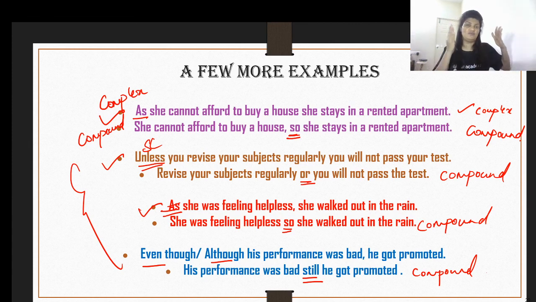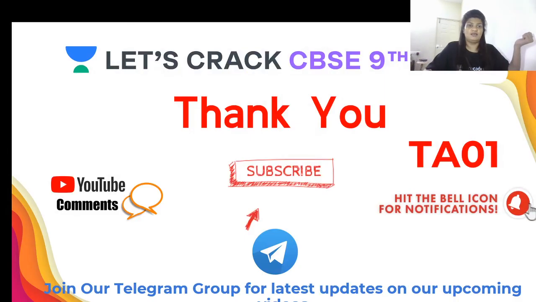So you bring in the right kind of conjunction in between and you bring in two different clauses, without changing the meaning, and you have nailed it. You have converted from one type of sentence into another, which is not difficult to do at all.